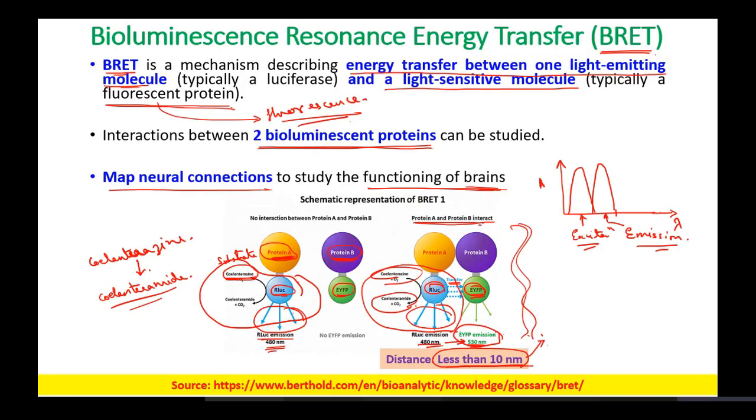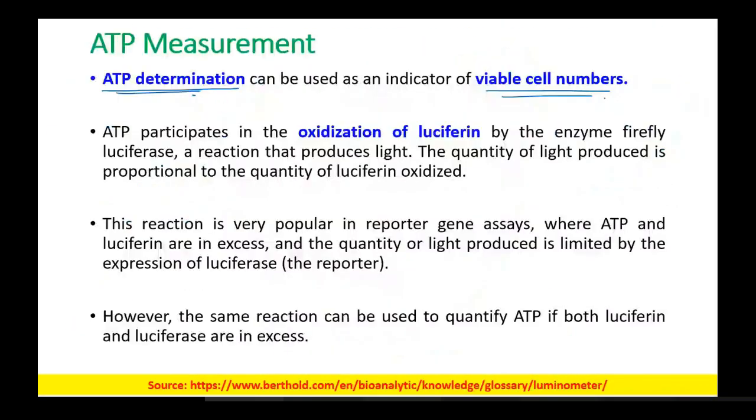However, when we try to do ATP measurement, herein we have to keep the luciferin and the other reaction components in an excess amount, and the reaction mechanism will be governed by the availability of ATP, giving a higher amount of light.